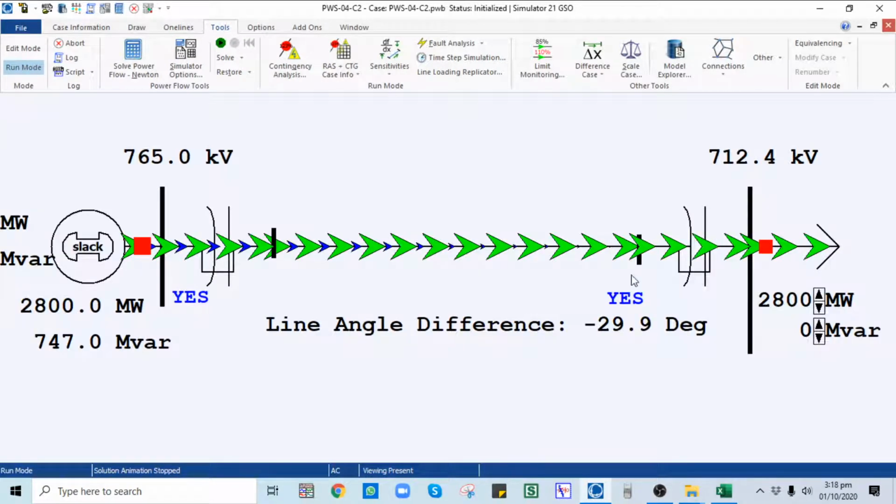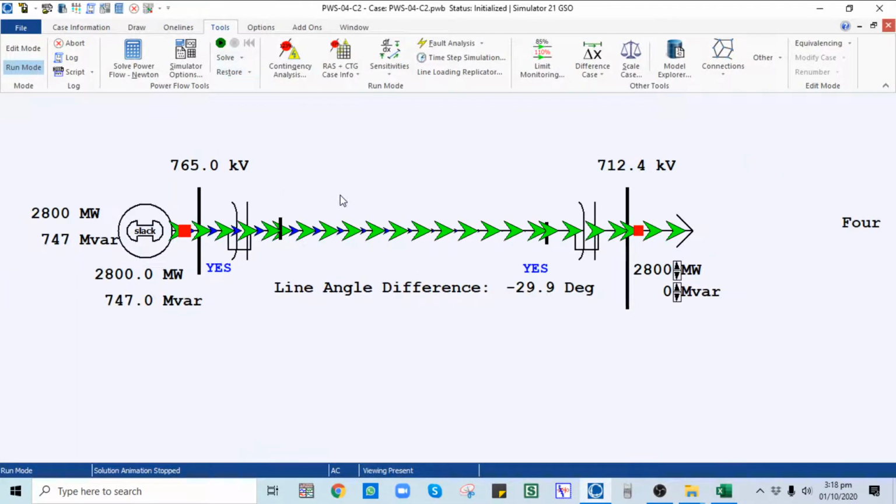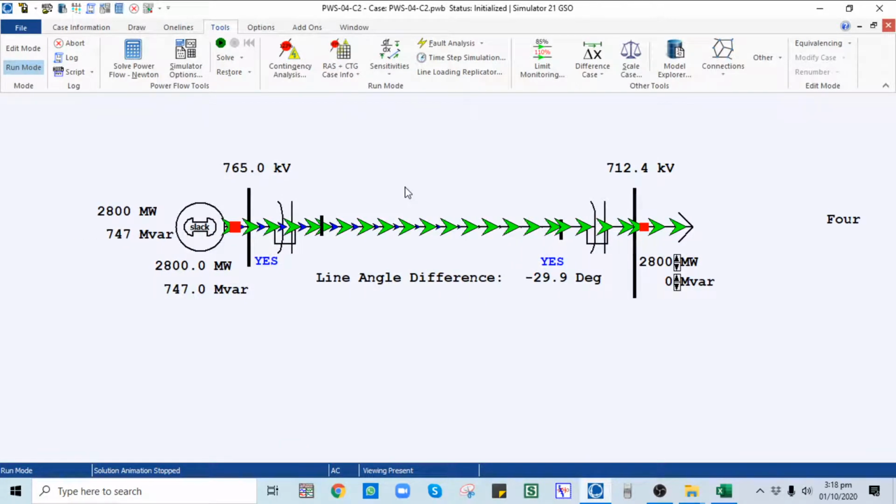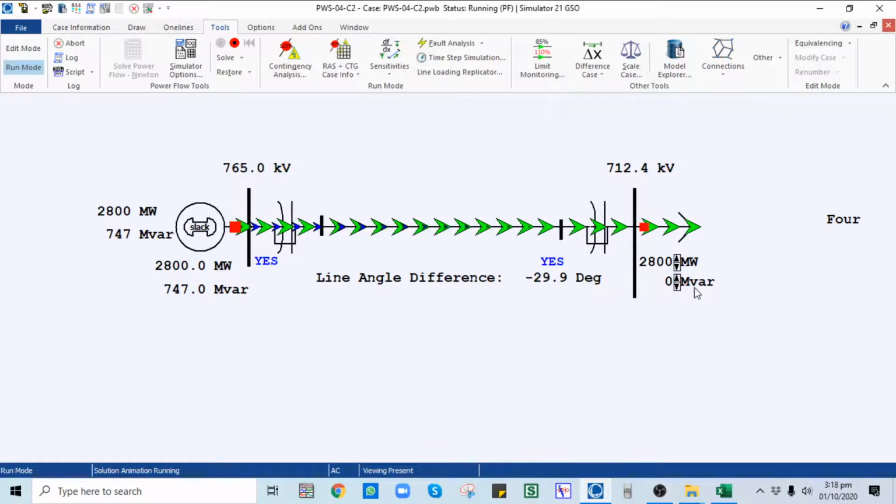Here you can see that we have added a series capacitor in series with the transmission line by adding a node bus. Initially you can see the line angle difference. To solve this case, the load is supplying 2800 megawatt and the megawatt is 0.